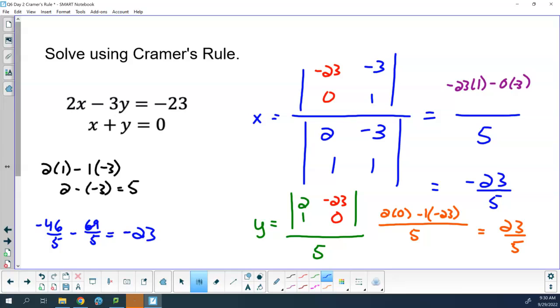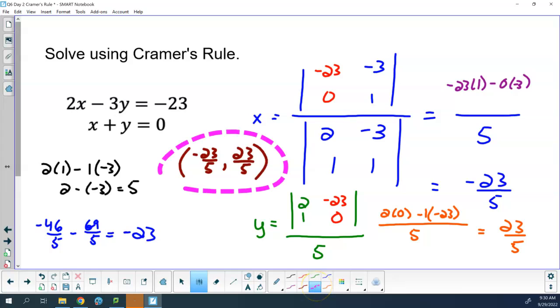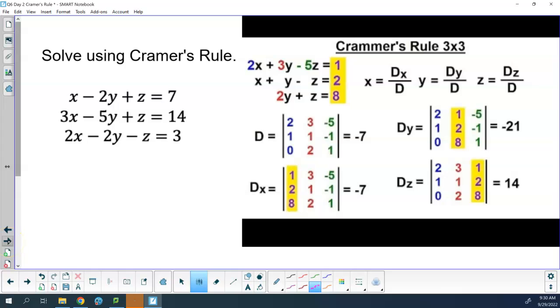So it works out. So the answer here would be negative 23 fifths and 23 fifths. Same process, same things go on in a 3x3.